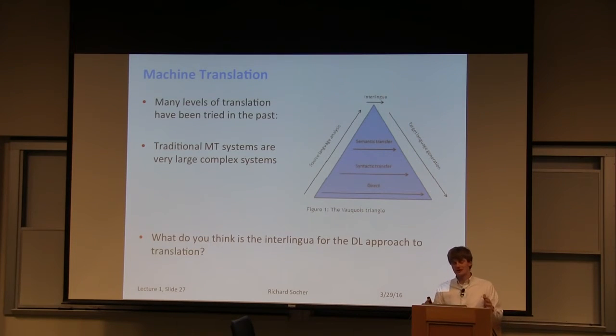Traditionally these are extremely complex models that require hundreds of gigabytes of RAM if you want to keep them in RAM, for instance, because they have to store all possible phrase pairs and things like that. It's a huge area of research. A lot of us use machine translation. It's one of the most useful tasks in natural language processing.